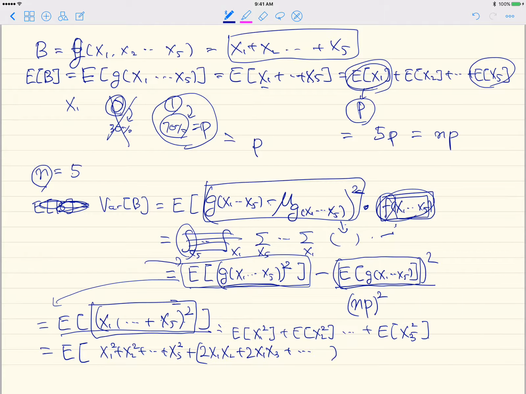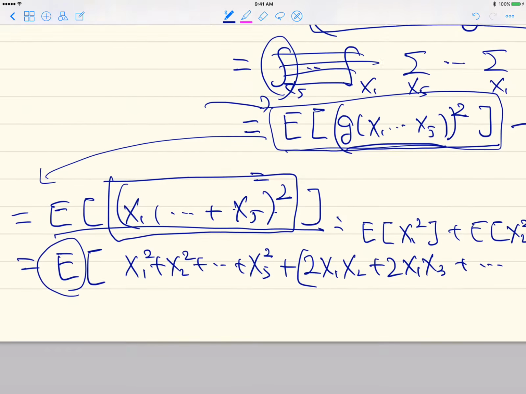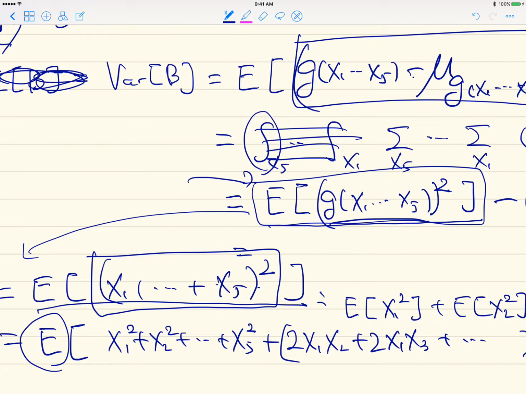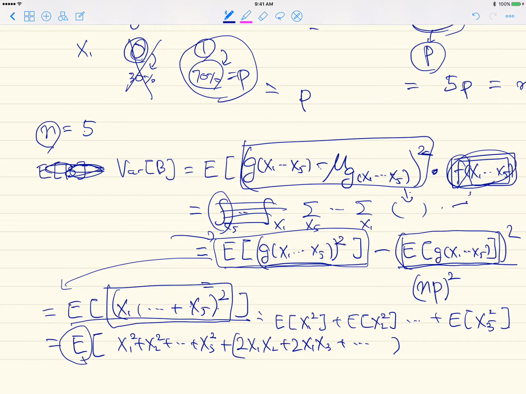So we have all these cross terms, right? And then we can distribute this expectation operator into each of these terms, whether they are the square terms of themselves or these cross terms.